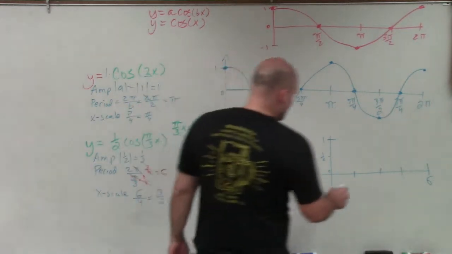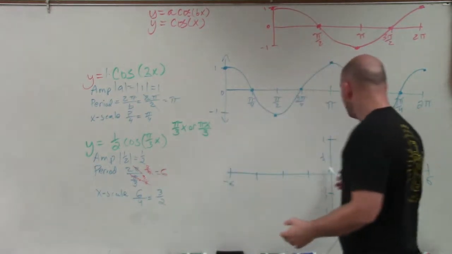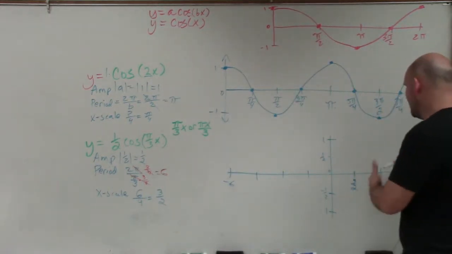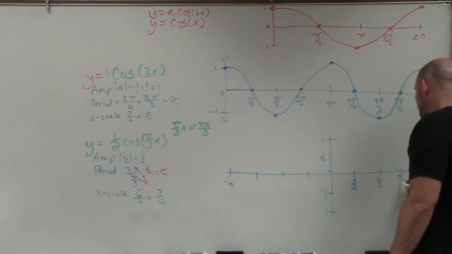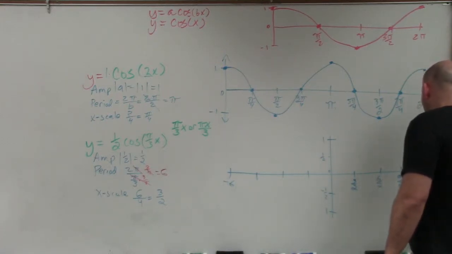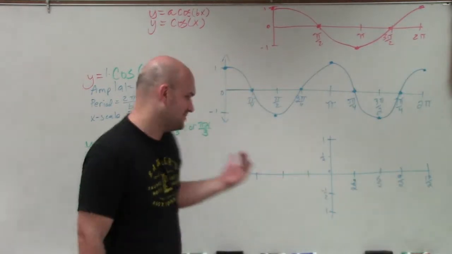So we know that our x scale is going to be 3/2. Okay. So therefore, to go from 0 to 3/2, then I'm going to add another one, which would be 6/2. Then I'll add another one, which is 9/2. And then I'm going to add another one, which is 12/2. And the reason why I'm doing this, again, is just to show you how the fractions kind of work.